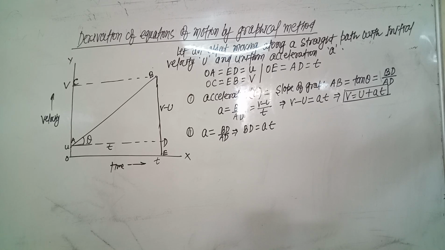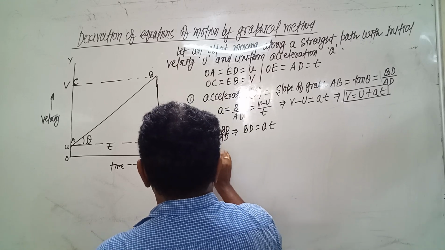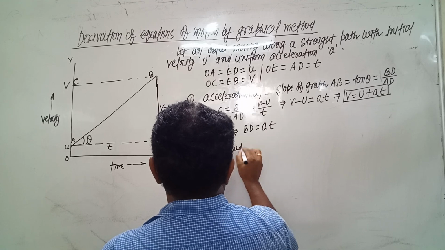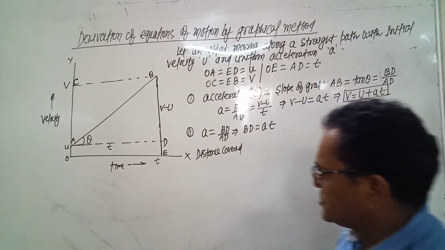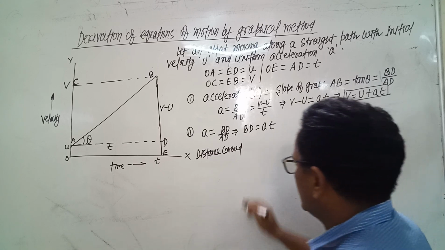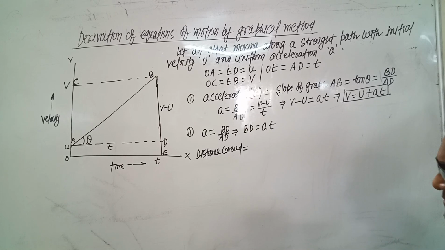Now distance covered, we know distance covered in a velocity-time graph for uniformly accelerated motion is equal to the area under the graph.